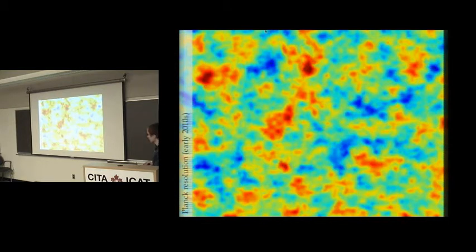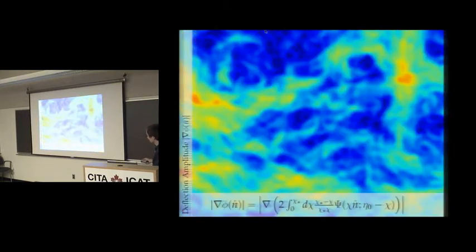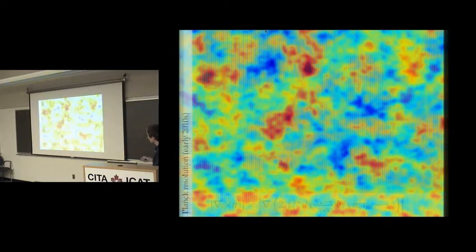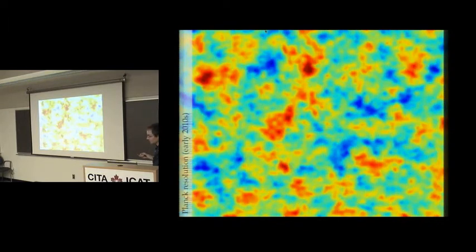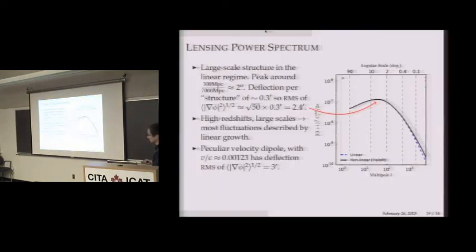There's this little hamster dance between the two of them, which is correlated with these deflection vectors. And you can't really tell by eye, but this lensed map is detectably non-Gaussian. So the lensing potential has perturbed the statistics of the CMB to the point where you can actually detect the lensing. I'll talk about that in a second.